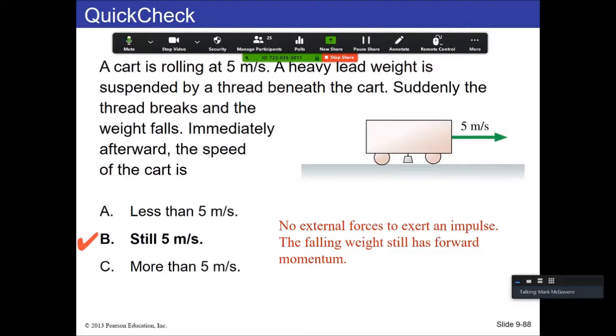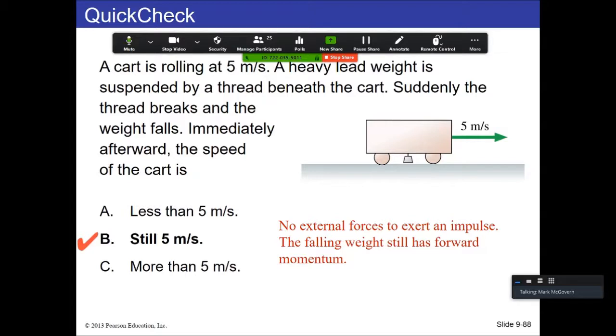So this is incorporating our two-dimensional motion here, okay? What you might think is, well, if you drop the weight, the cart weighs less, right? And so you might expect the cart to speed up. Now I think about it, yeah.